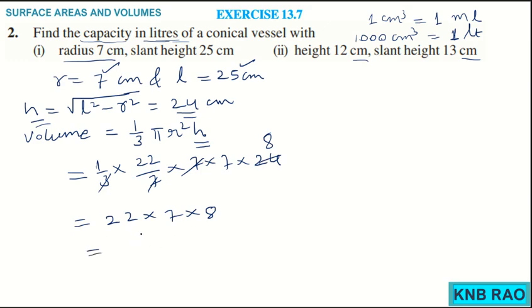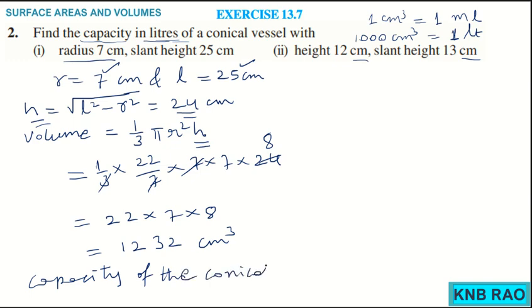It will be now 1232 centimeter cube. Since he is asking us to find the capacity, the capacity of this conical vessel is to be converted in terms of liters.